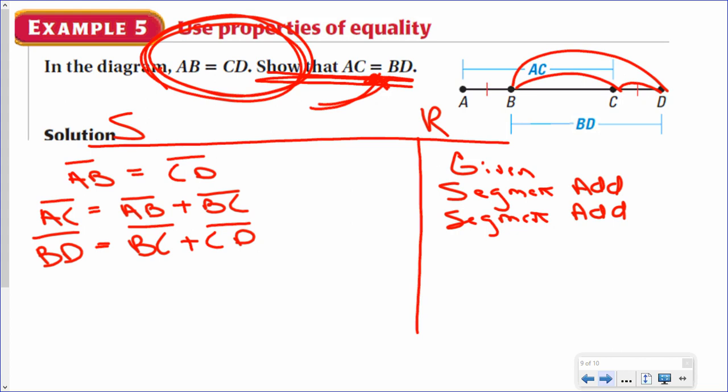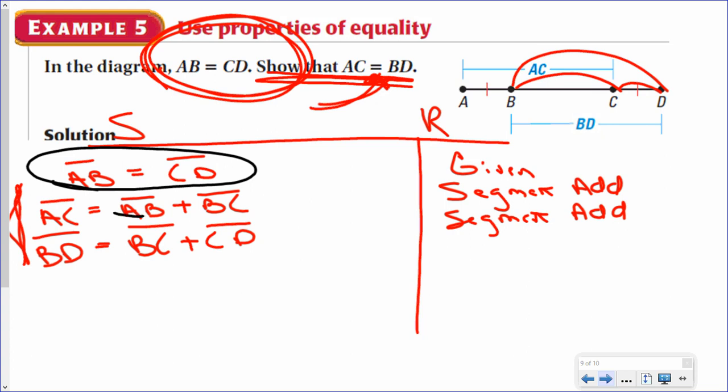So we're getting there, guys. We have the stuff listed on the left-hand side over here. The AC and the BD over here is where I'm talking. Okay, so we're getting closer. So now let's apply this rule right here. We knew from the beginning that AB can replace CD or vice versa. They can replace each other. So let's look at the very first one here. We got AC equals AB plus BC.